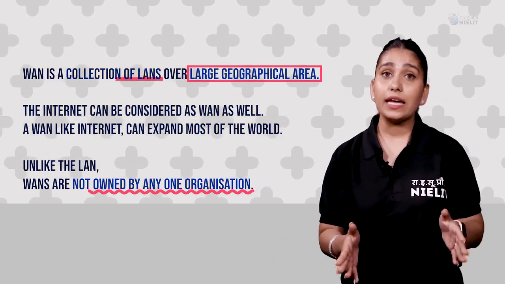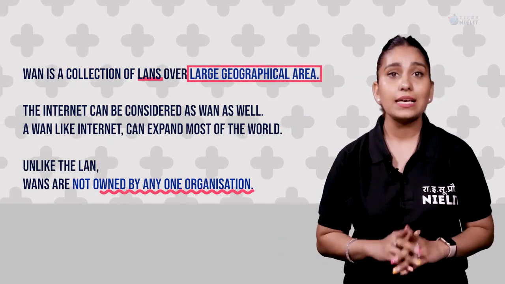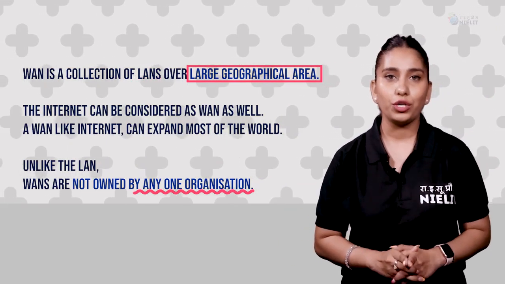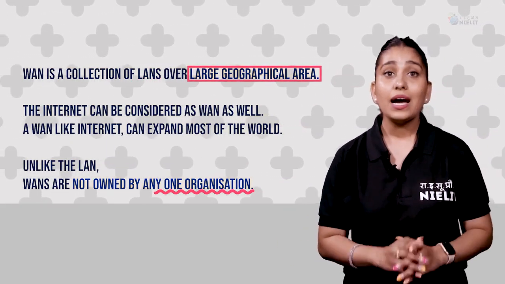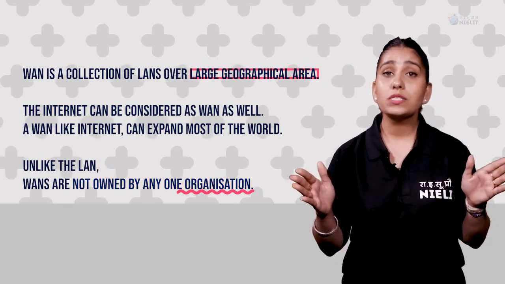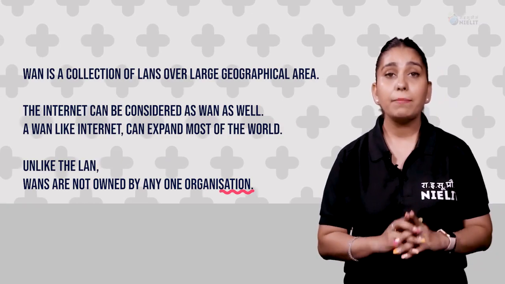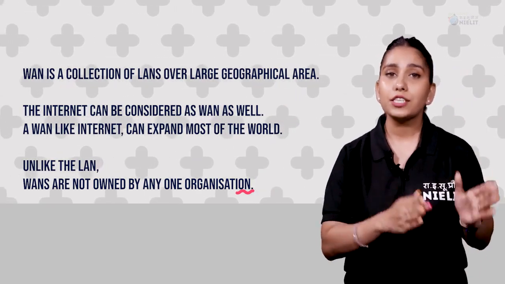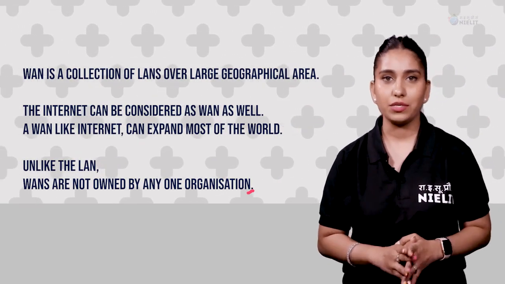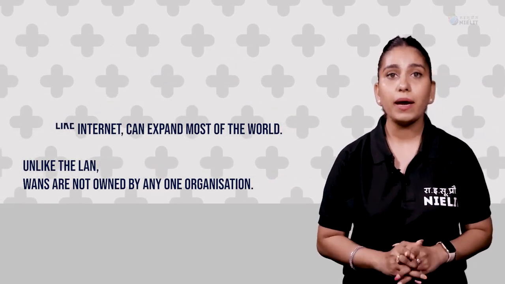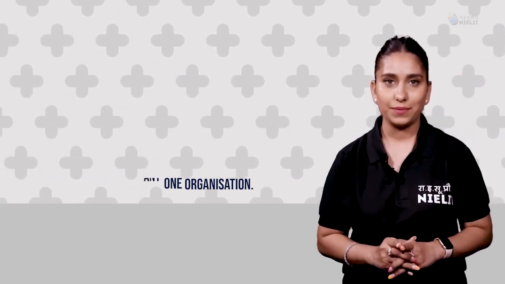These kinds of network use telephone lines, satellite links, and other long-range communication technologies to connect. Unlike the LAN, most WANs are not owned by any one organization, but they rather exist under collective or distributed ownership and management. Take for example, the internet is not owned by a single organization or government.